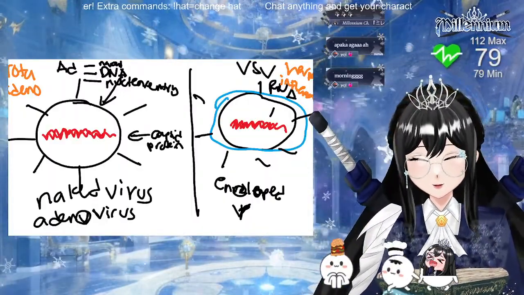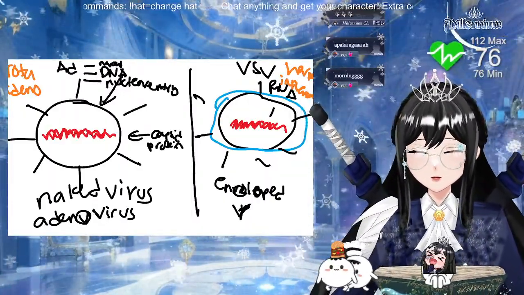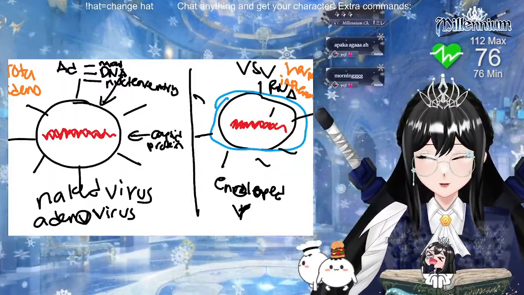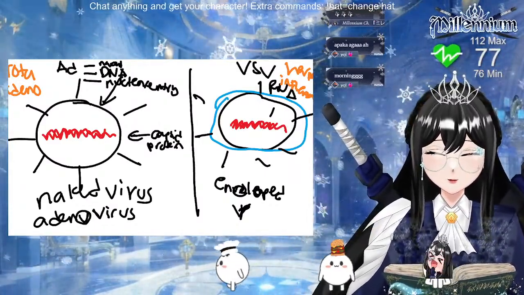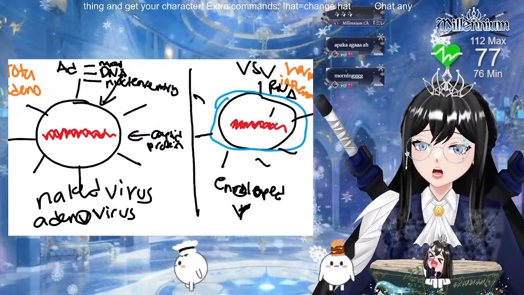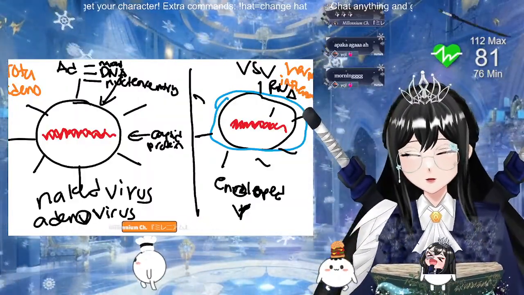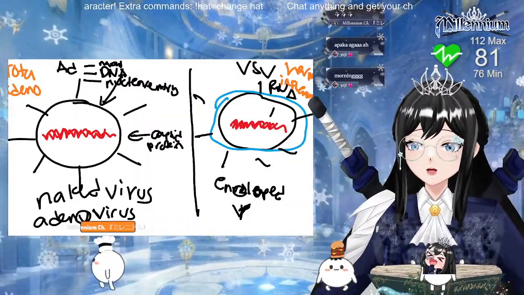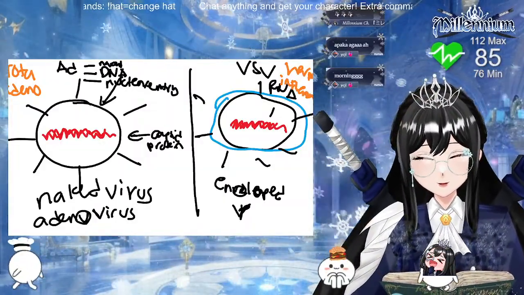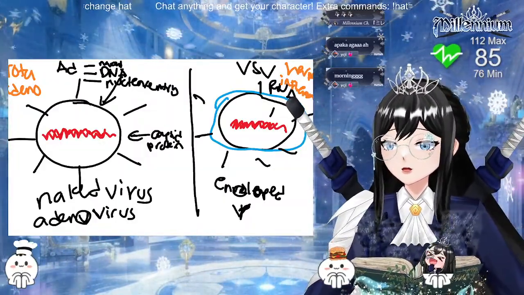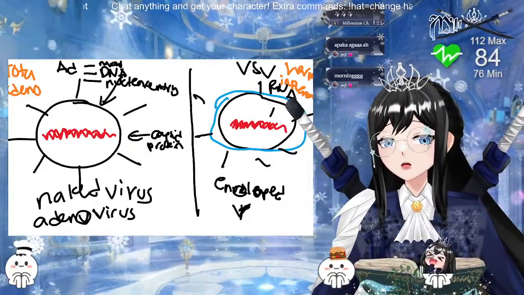Alright? So next, gene expression depends on the genome type, because viruses must generate mRNA to produce proteins. And depending on the genome, the strategy would differ.